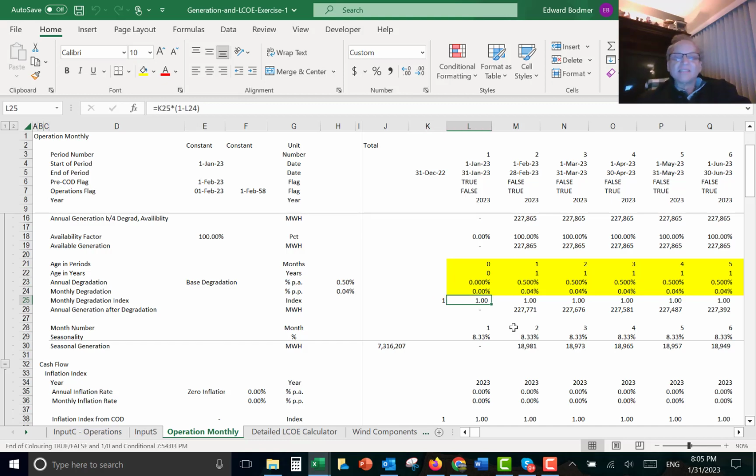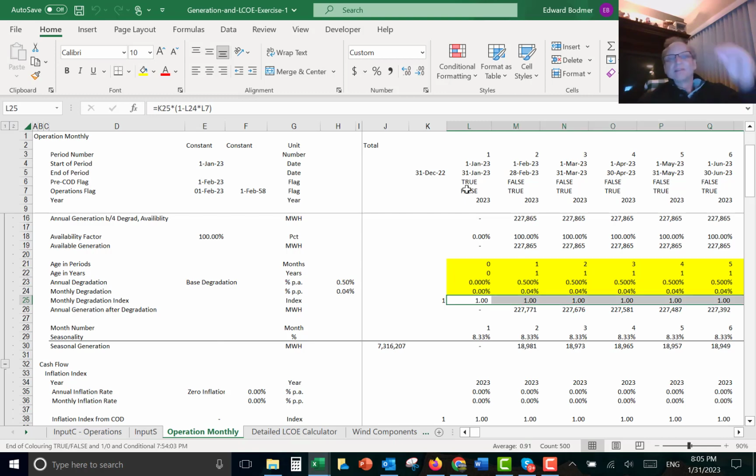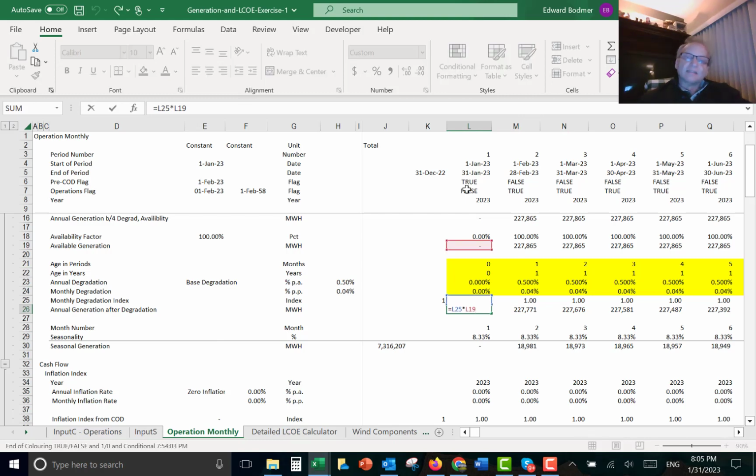The degradation index should have been this times 1 minus this number and multiplied by the operation switch. We don't start degrading until we're born. I'm degrading a lot, like I always say.